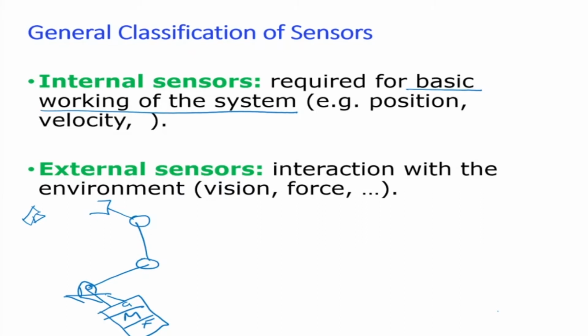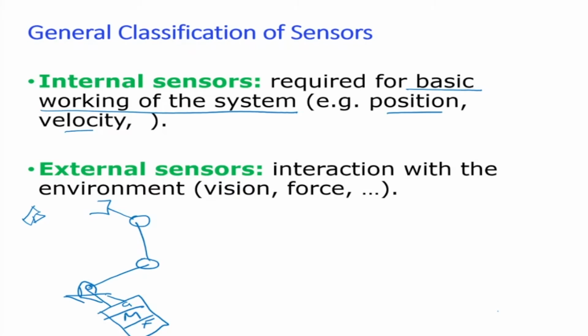Otherwise, the robot will never know where the link positions are, and without those link positions, it cannot move. The controller cannot function. So sensors required for the internal working of the system, like position sensors, velocity sensors, acceleration sensors, are called internal sensors. Without the internal sensors, the robot cannot function. If the internal sensor breaks down, the robot cannot function.